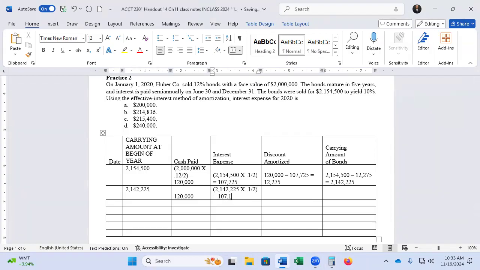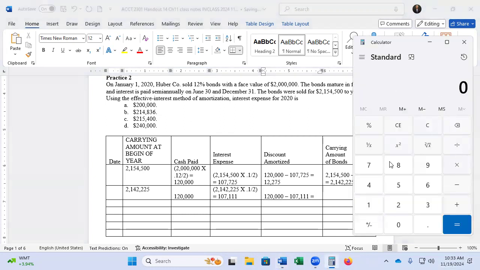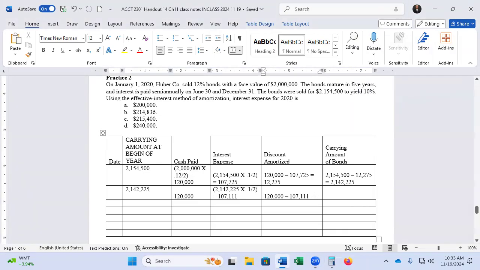This is 107,111. So I got 120,000 minus 107,111, which is 12,889.